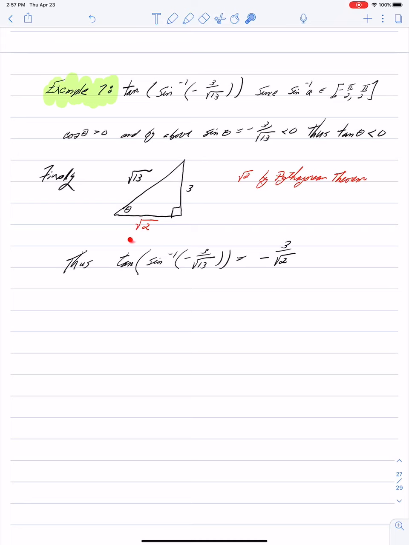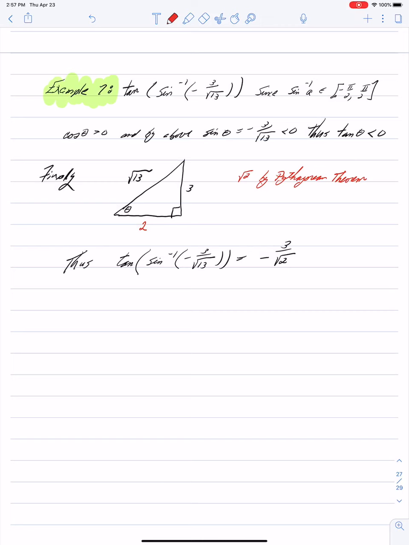That allows me to compute this, which, by the way, I've realized that I've done incorrectly. So let's change it. What is it by the Pythagorean theorem? It should be not the square root of 2, but rather 2, right?